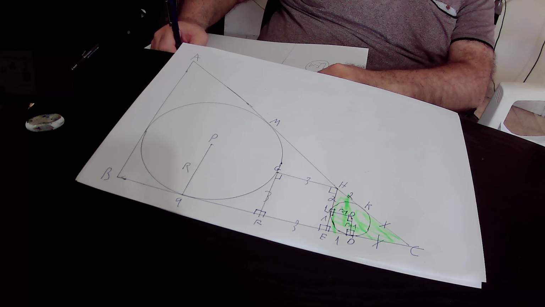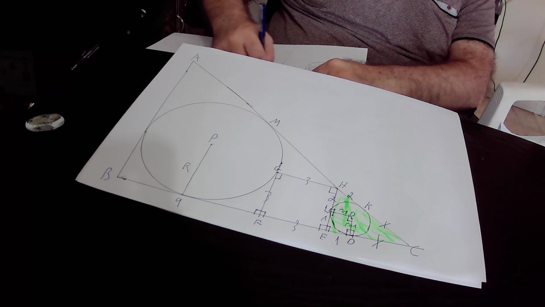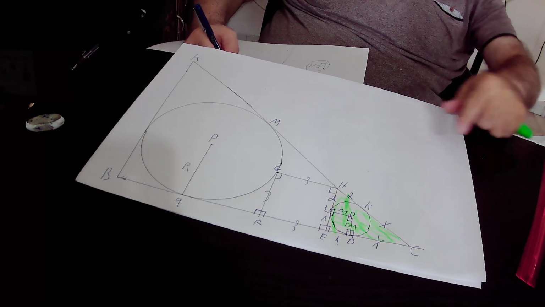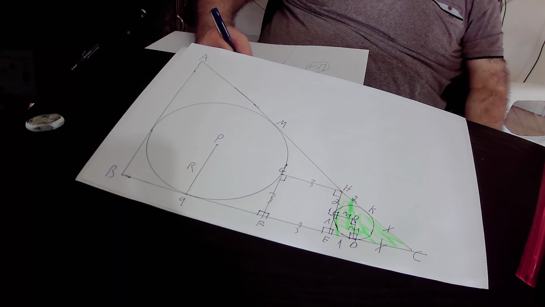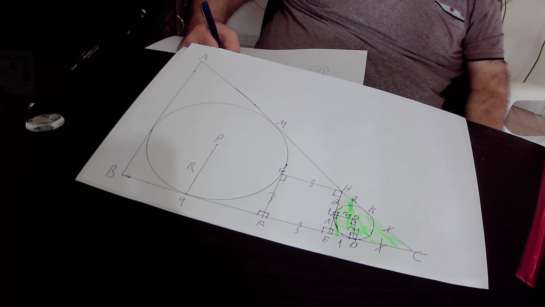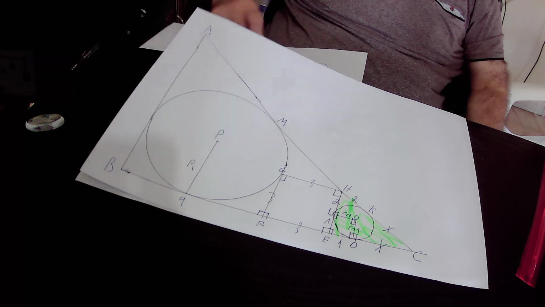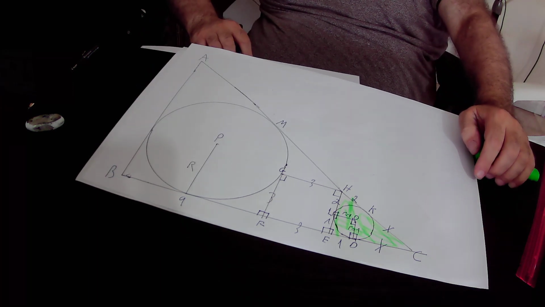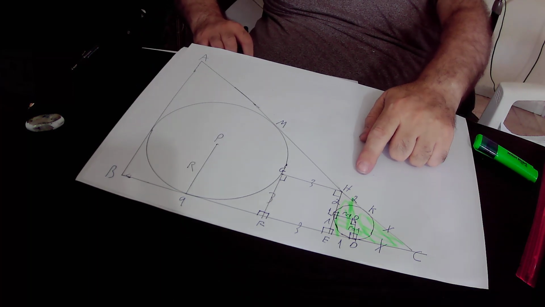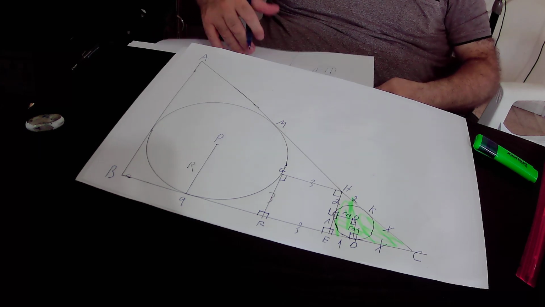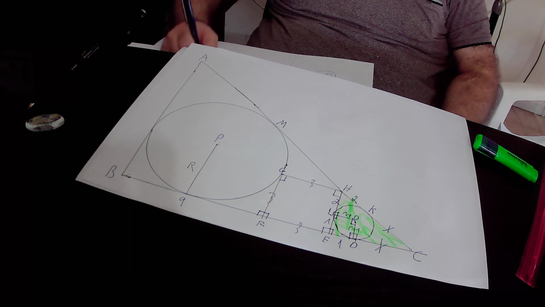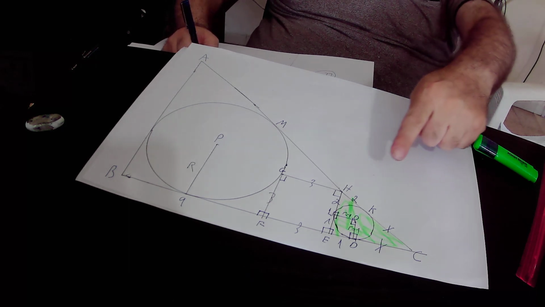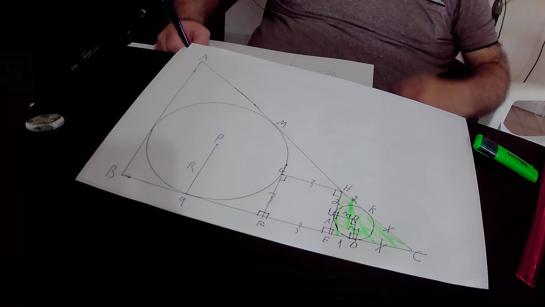Here PT is the abbreviation for Pythagoras theorem. So the hypotenuse is HC, therefore the square of the hypotenuse is HC square. And it must be equal to the sum of the squares of the perpendiculars, that is to say it must be equal to HE square plus EC square.